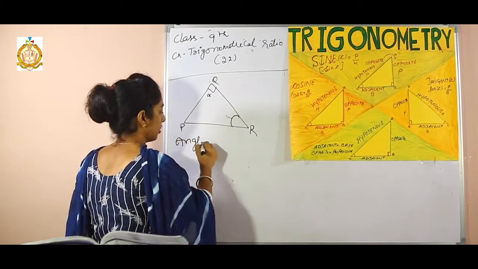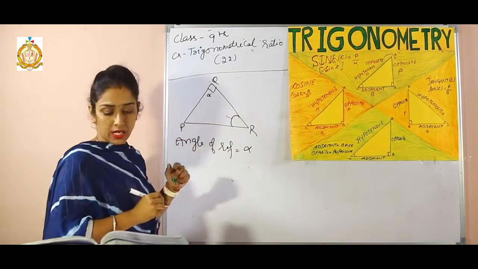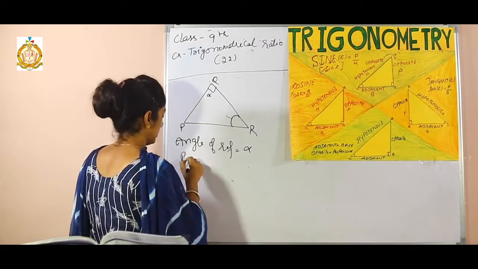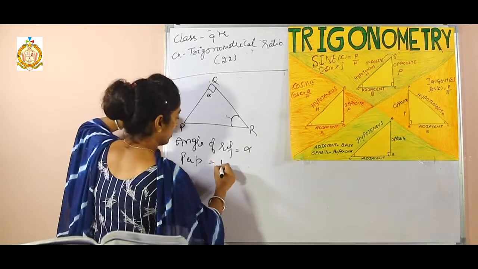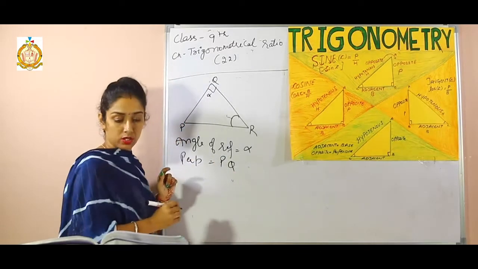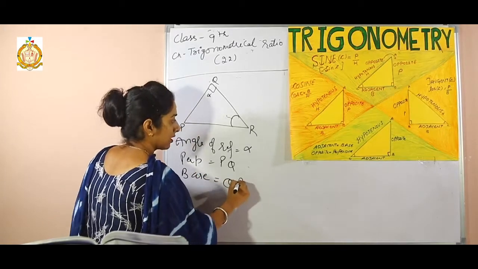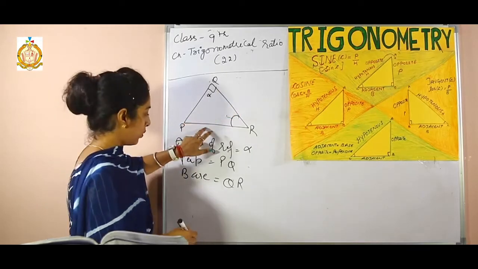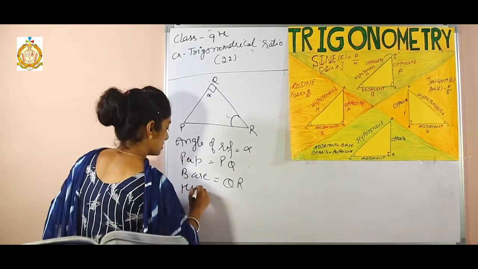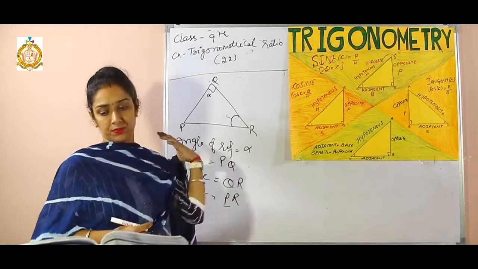So the angle of reference is alpha, the perpendicular is PQ, and the base is QR, the side with the angle, the adjacent side. And the hypotenuse is PR, right?